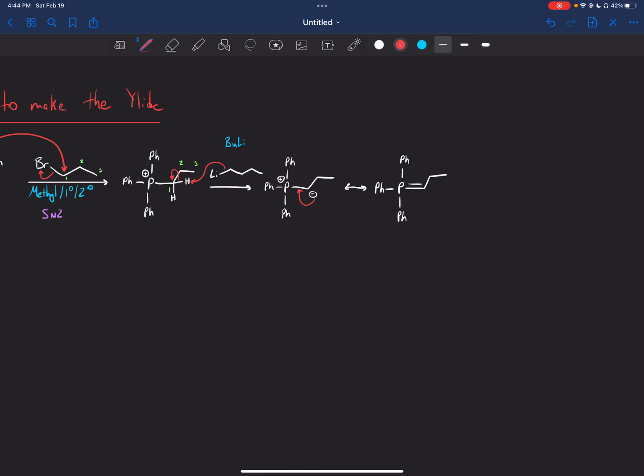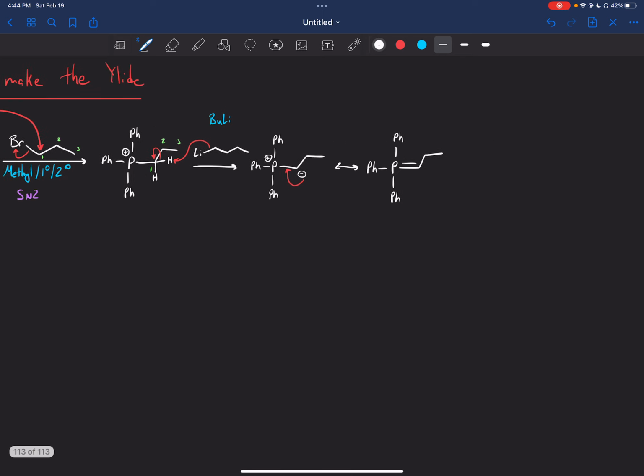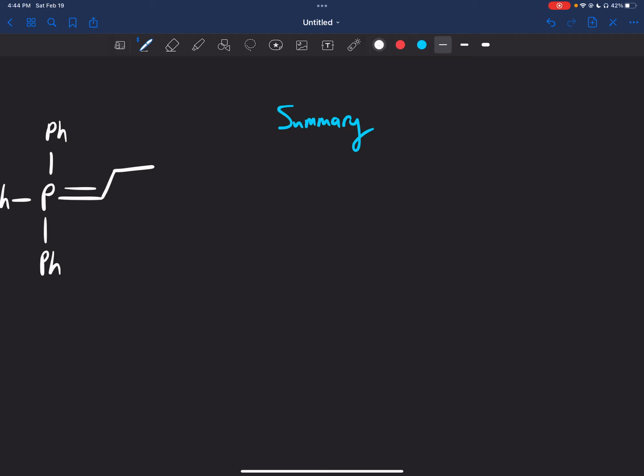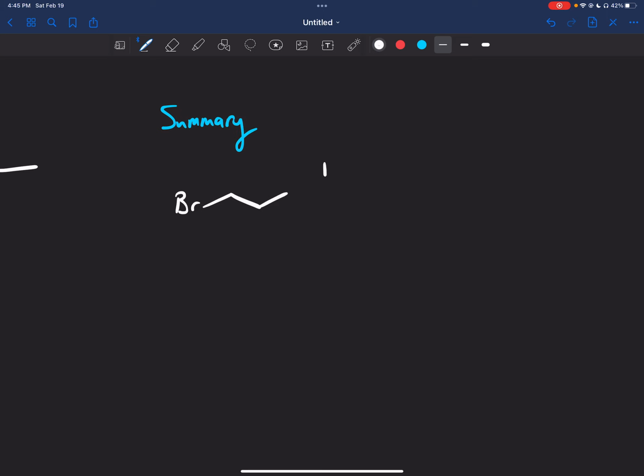Now, the summary of how to do it, so you don't have to write all this stuff out because you may have to do this in a synthesis, is like this. You can start with your alkyl halide. You can write step 1, P for the phosphorus and Ph3 for the 3 phenyls, step 2, BuLi.